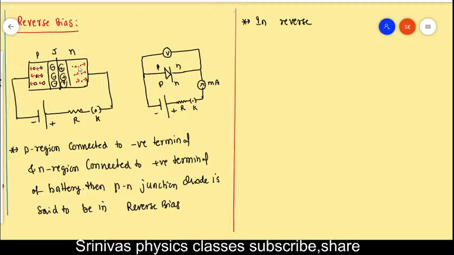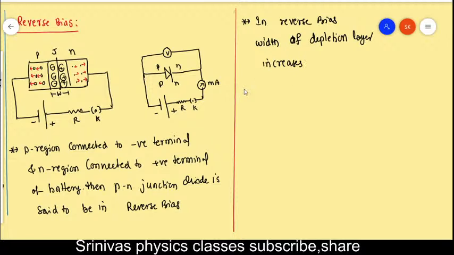That's why a region forms which is free from mobile charge carriers. That is the depletion layer, and its width will increase now. That means in reverse bias, the width of the depletion layer increases.